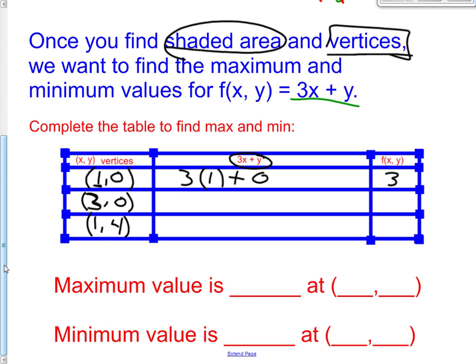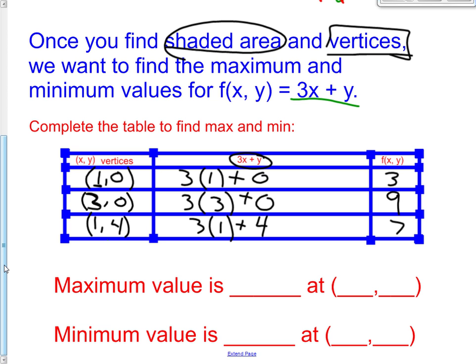So we get 3. Our next one is 3 times x, which is 3 times 3, plus my y-coordinate, which is 0 again. So our next evaluation is 9. Last one, 3 times x, which is 1, plus 2 times y, 4: 3 times 1 is 3, and 3 plus 8 is 11.